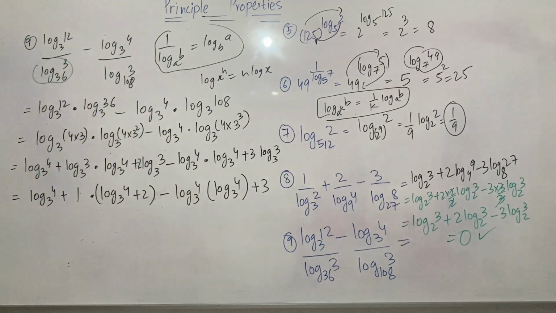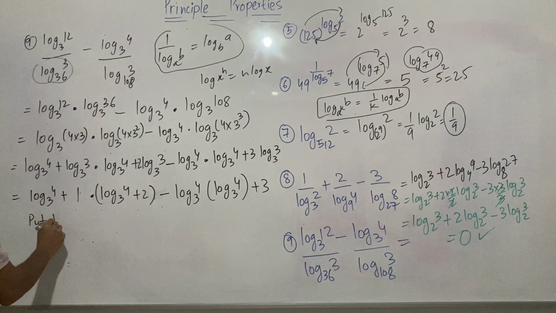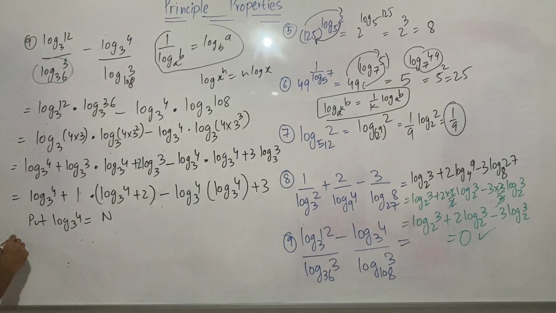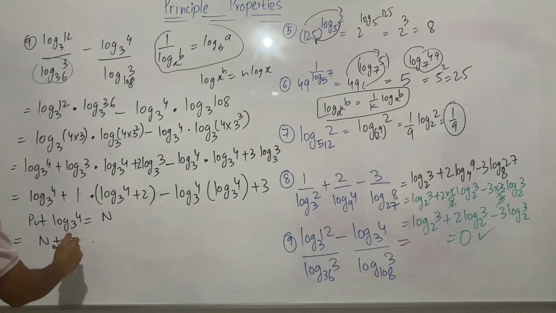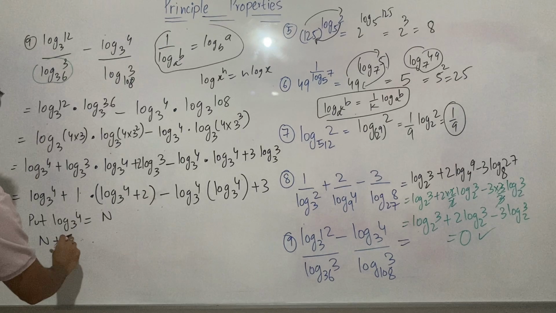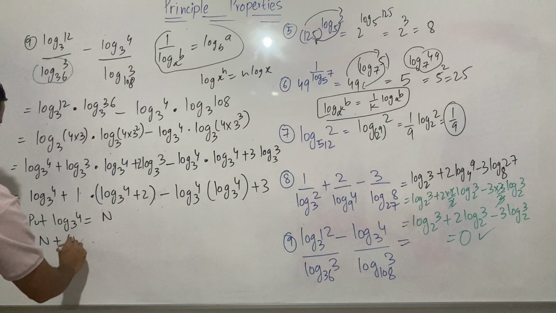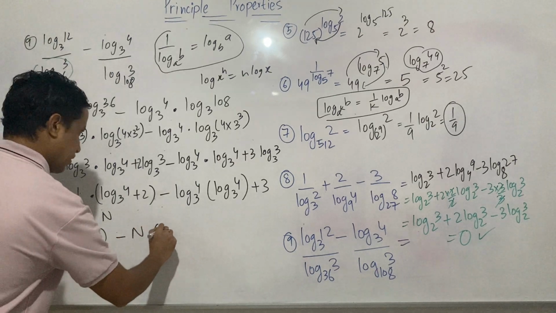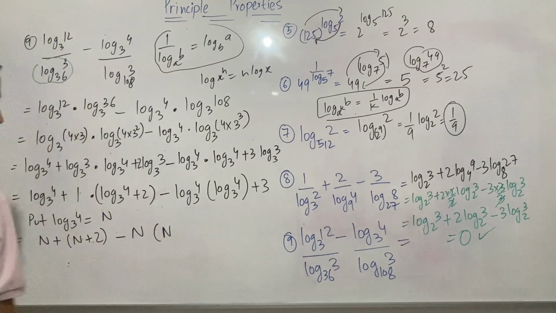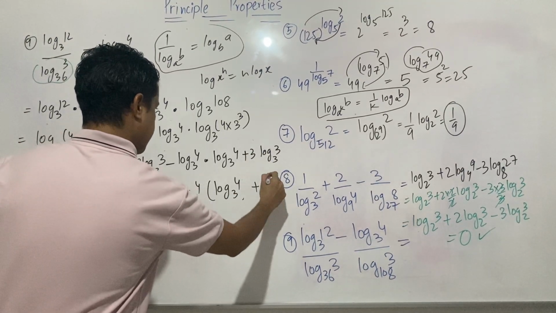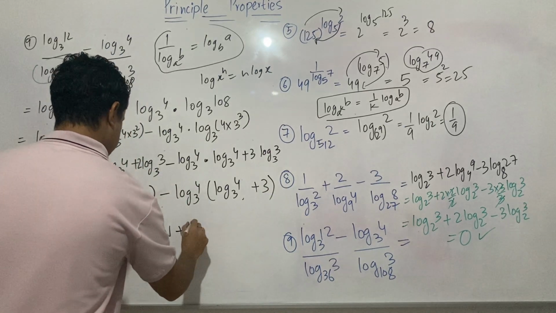So what we can do is put log 4 to the base 3 equals n. So if I put it n, so it's going to be n plus n plus n plus n plus 2 minus n minus n, n plus 3.